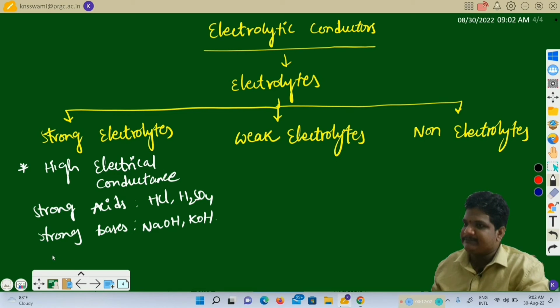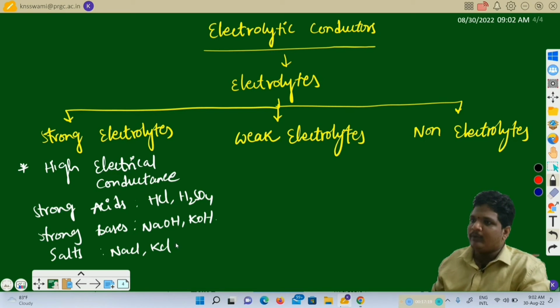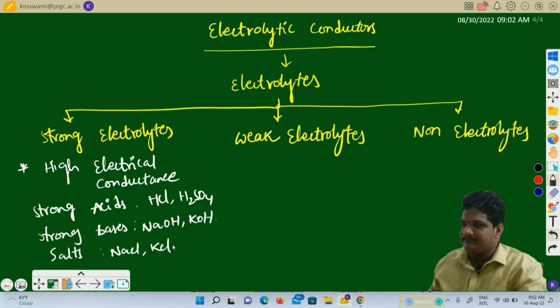And salts like NaCl, KCl, which belong to group 1 and group 2 metal ions. These are the halides of alkali and alkaline earth metals. They show high electrical conductance in solution state or in molten state.